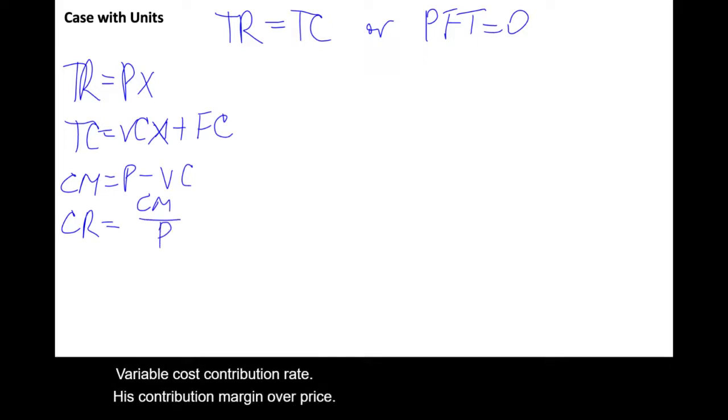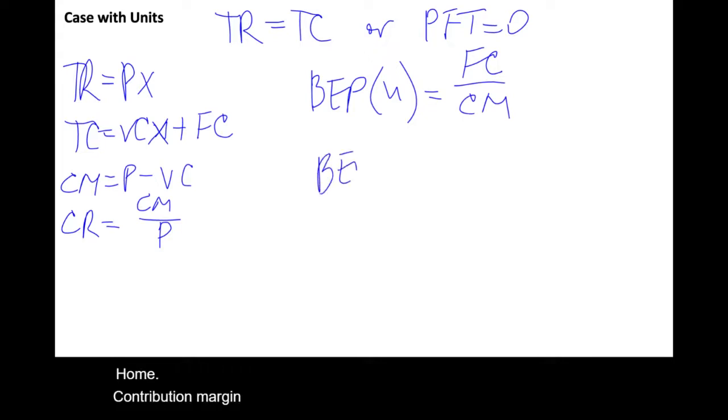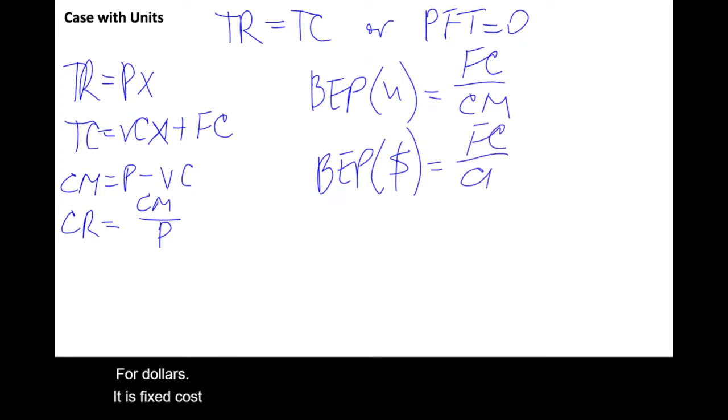Then I have break-even point for units. It's fixed cost over contribution margin. Break-even point for dollars, it is fixed cost over contribution rate. Here we have alternative formula.